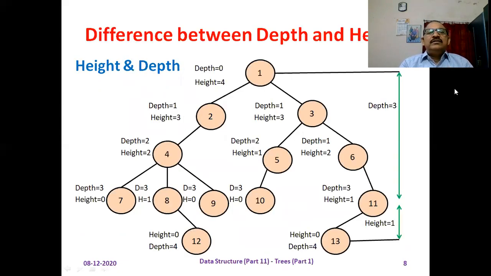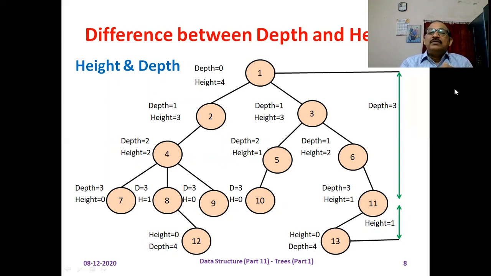Here you can see the difference between the depth and the height. Each leaf node is assigned a height 0 and the root node is always assigned a depth 0. Now, here you can see one is the root node, and the depth of this root node is 0 and height is 4.